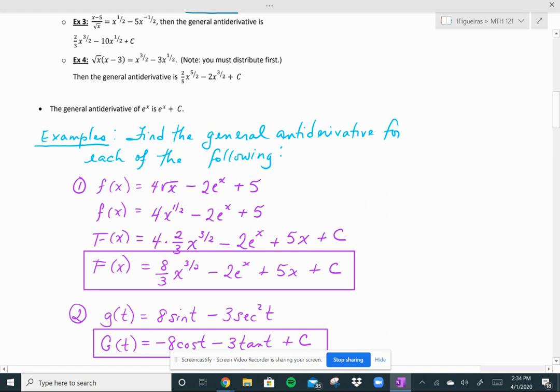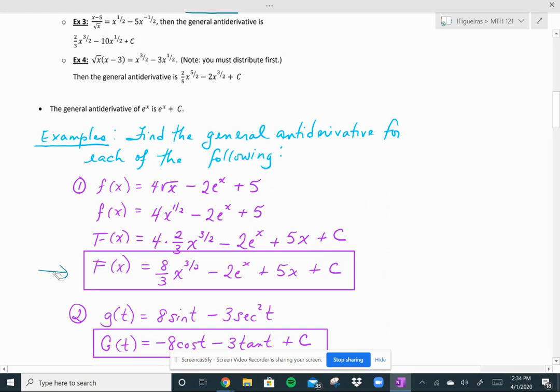Right, so the last step is just to multiply the first term. So 4 times 2/3 becomes 8/3, and the entire antiderivative is found here. And as I stated before, if you take the derivative of capital F, F prime, it should equal the little f of x that we started with.